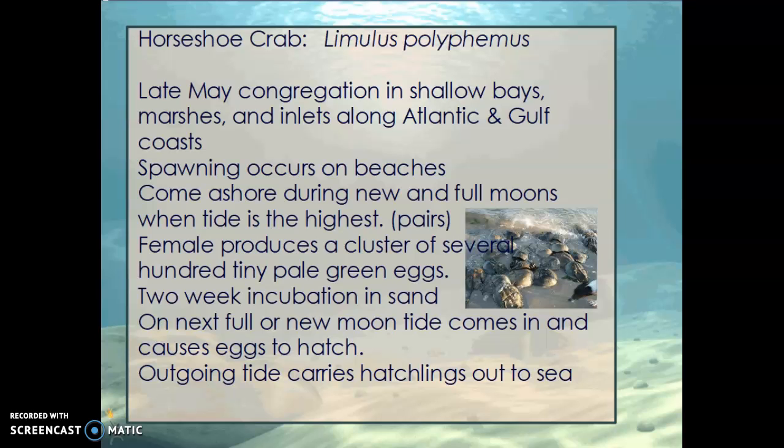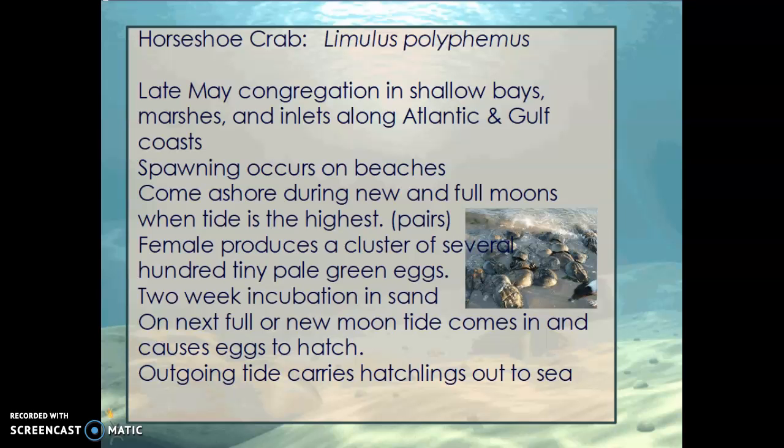All right, the second animal I want to mention about that is a horseshoe crab. The males and females come together up onto the bays and marshes and inlets where it's shallow, and they spawn during a new or full moon when the high tide is the highest, and then they produce several eggs that are pale green, and there's like hundreds and hundreds of them.